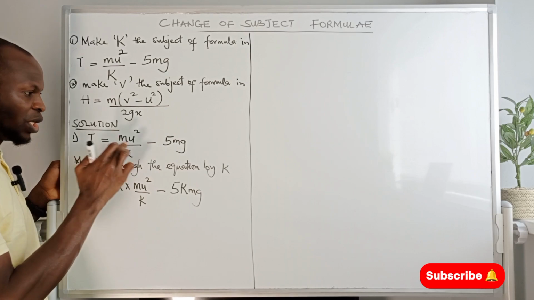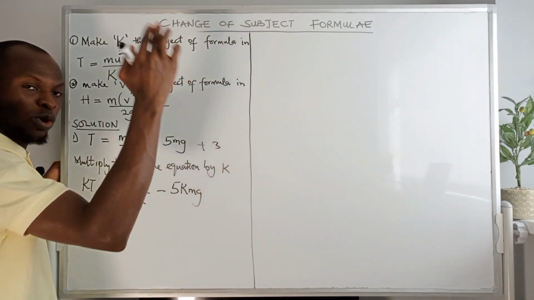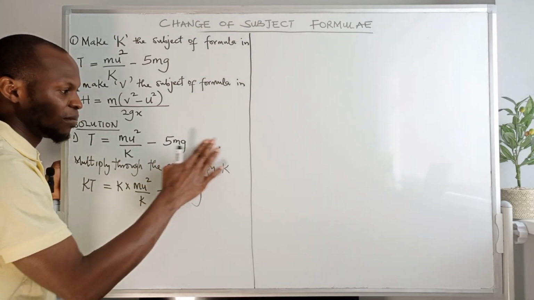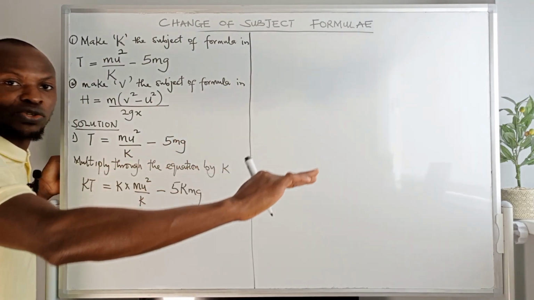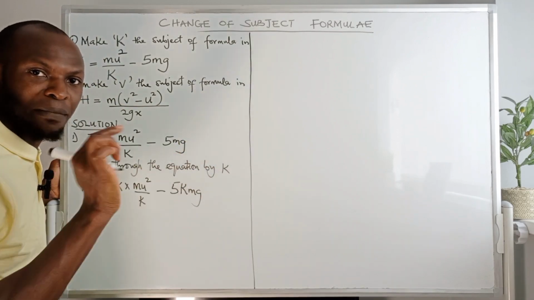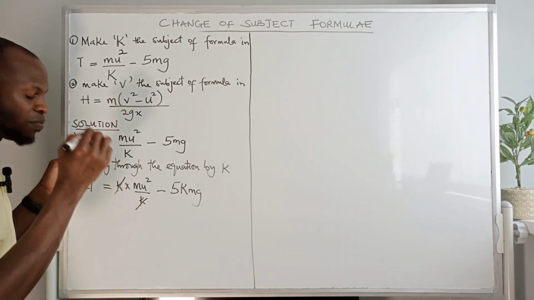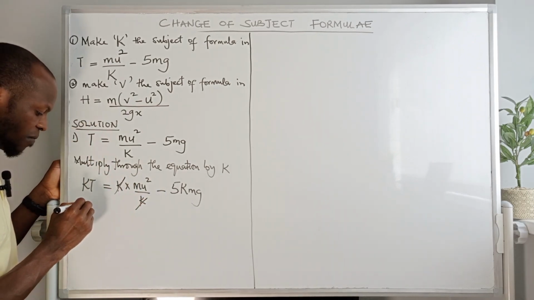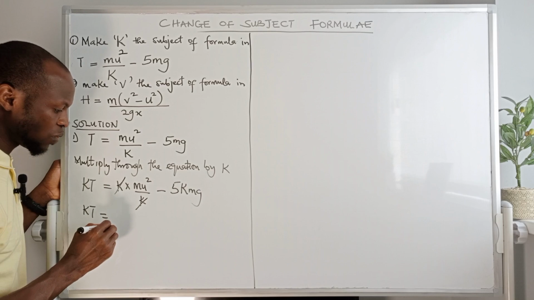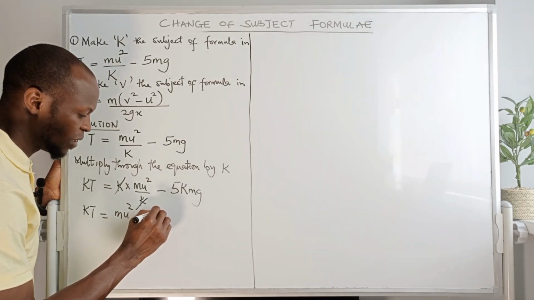Please take note, if I still have plus 3, for example, this plus 3 will also be multiplied by k, okay? If I'm multiplying through an equation, each entity in the equation will be multiplied by that factor, okay? So automatically, this k will remove this k, okay? So I have my kt equals mu squared minus 5kmg.